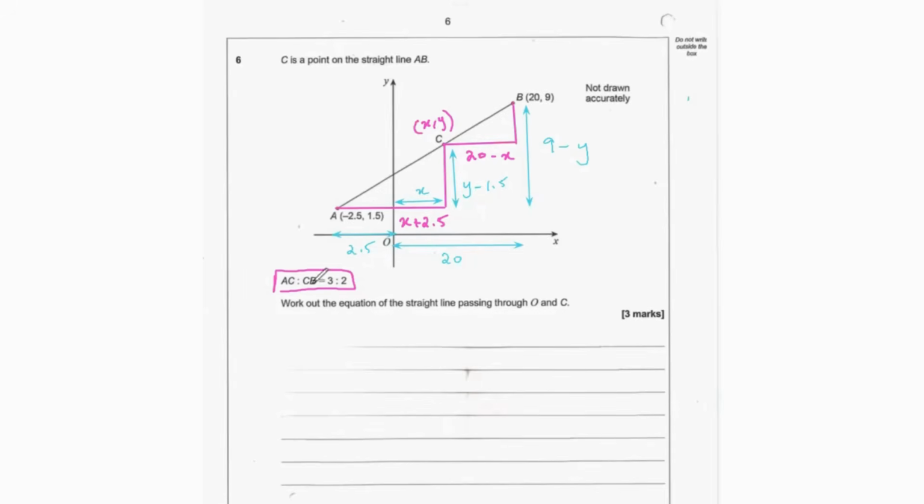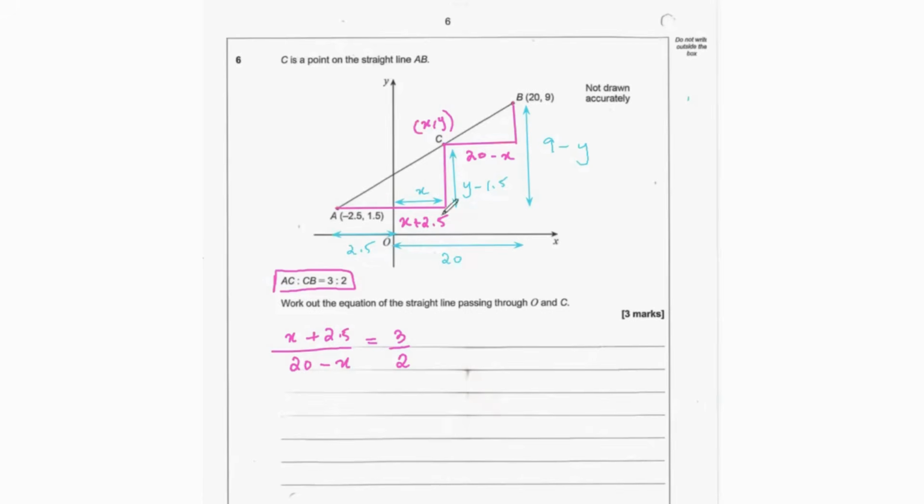So AC is going to be x plus 2.5 over 20 minus x is equal to 3 over 2. We're comparing the horizontal distances first.